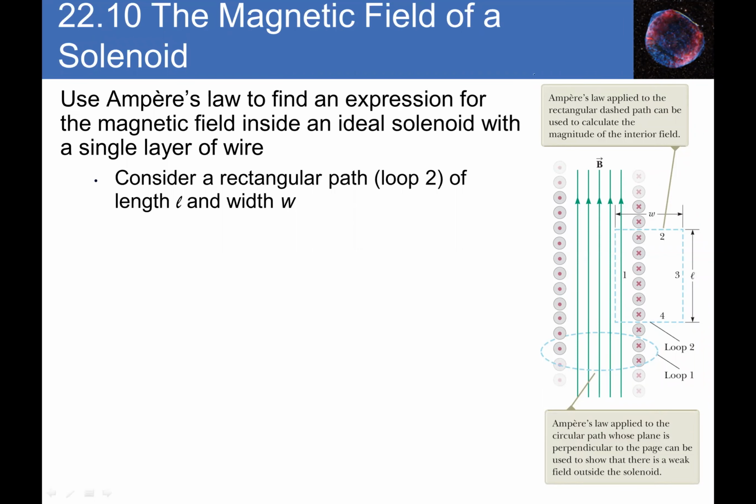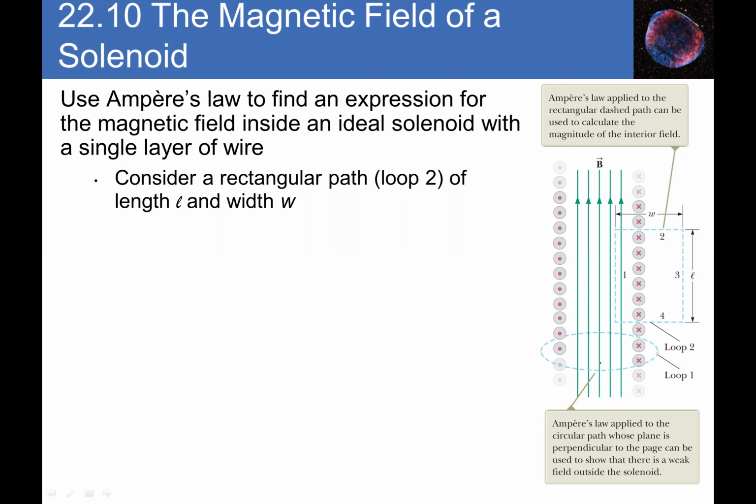For example, if I use something like this, or something like that, it's not really going to help me because of the way this particular shape is. The best way to do it is a rectangular path. So let's say here's this rectangular path, where you have basically 4 segments.